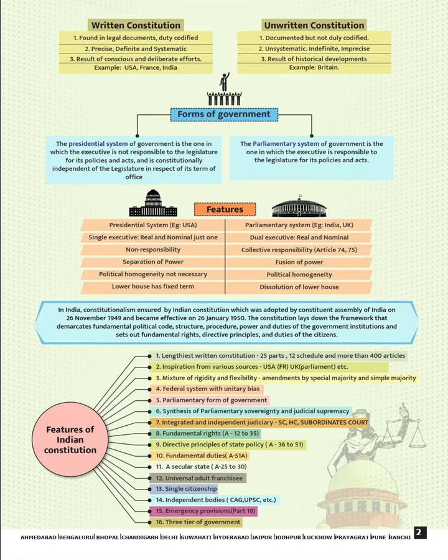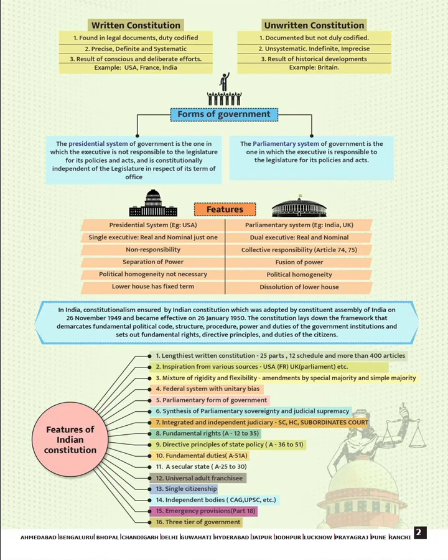Second, the written constitution is precise, defined, and systematic, and the non-written constitution is unsystematic, indefinite, imprecise. Written constitution is the result of conscious and deliberate efforts, and non-written constitution is the result of historical developments. Written constitution countries are USA, France, India. Non-written constitution example is Britain.